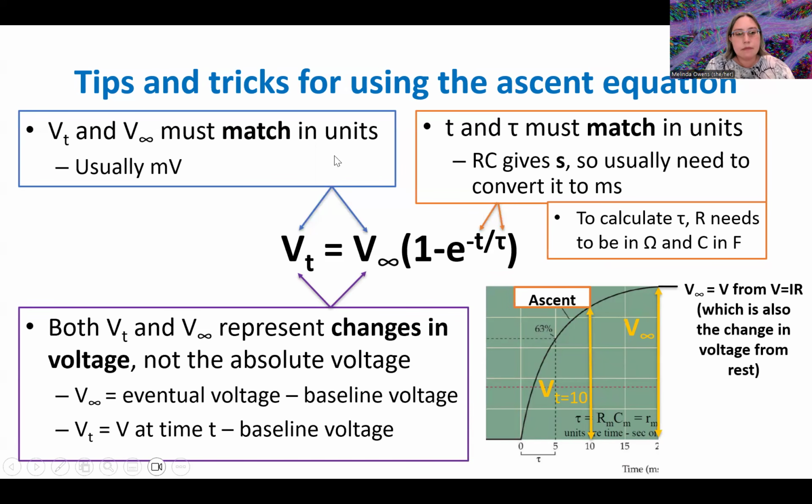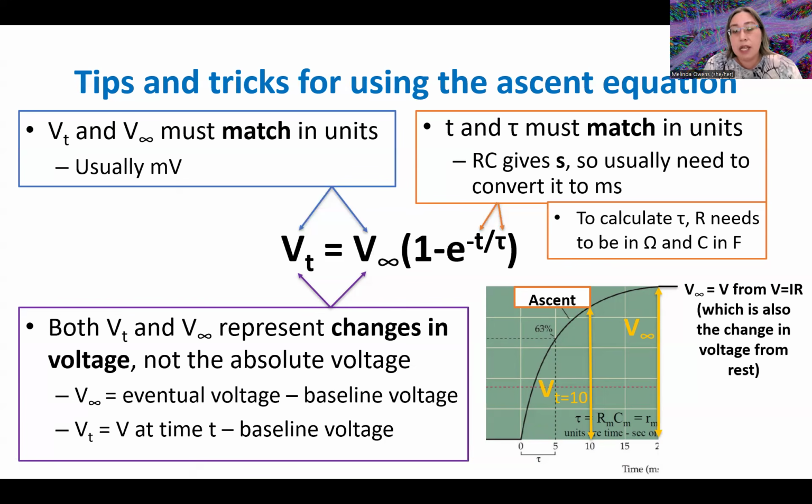And again, I want to reiterate this because it is something that a lot of people find difficult and need to hear again and again. Both VT and V infinity represent changes in voltage, not the absolute voltage.